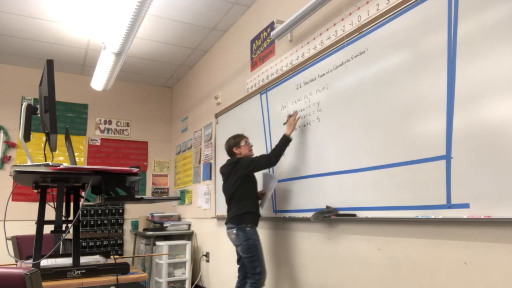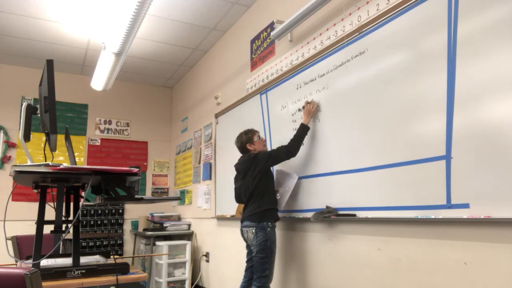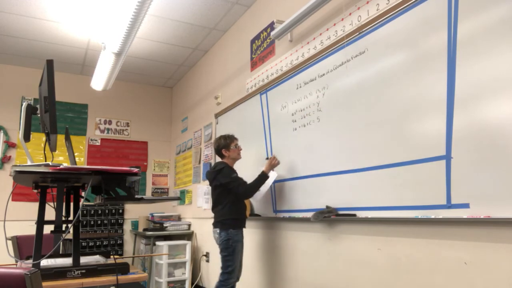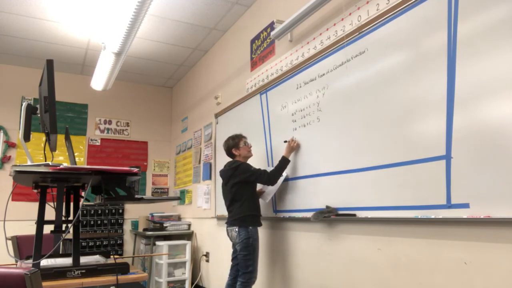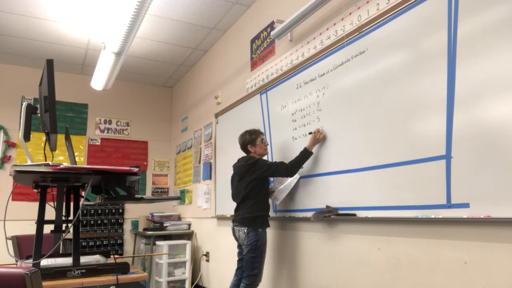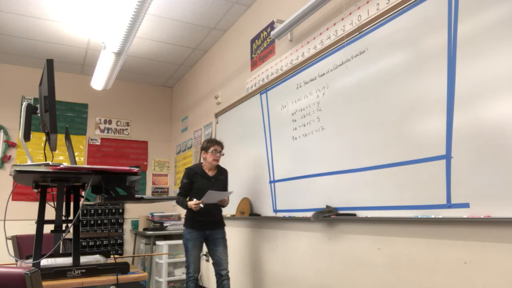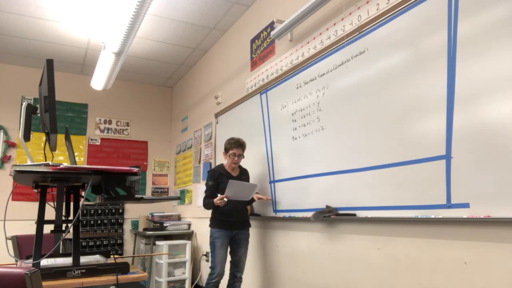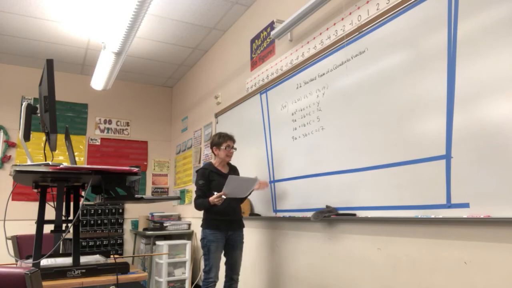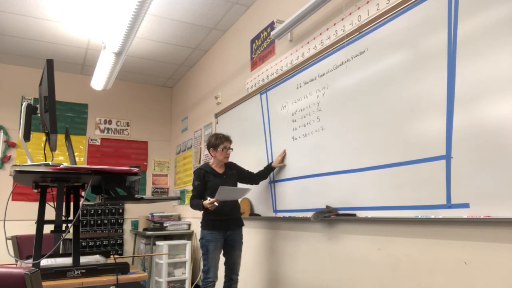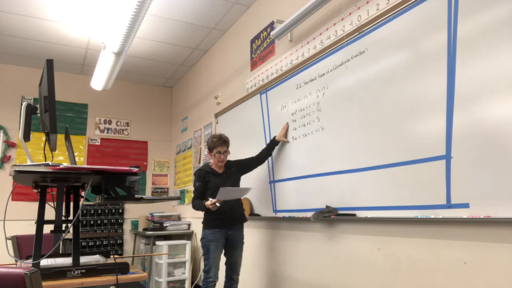And for the last point, we plug in 3 for x and 17 for y. 3 squared is 9, so we have 9a plus 3b plus c equals 17. We want to know what a, b, and c are, so we want to solve this system of 3 equations with 3 variables.